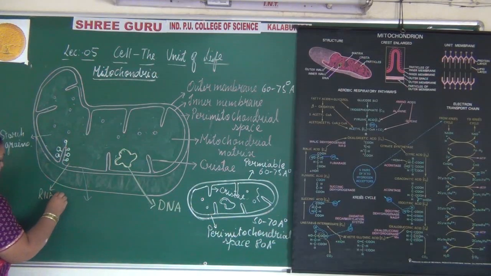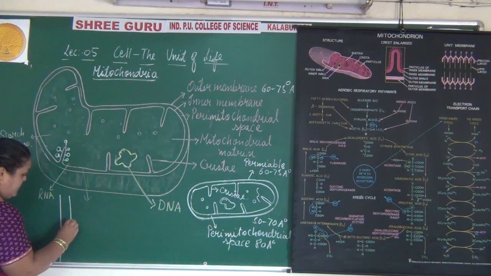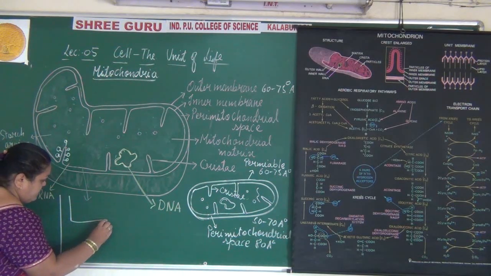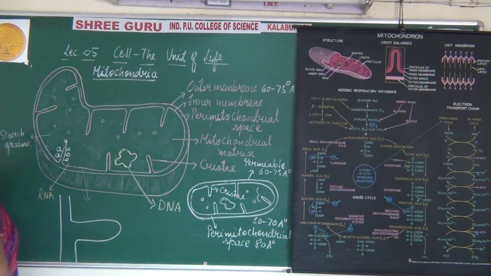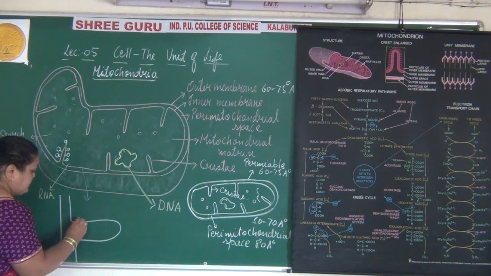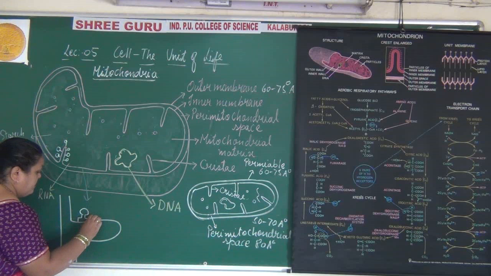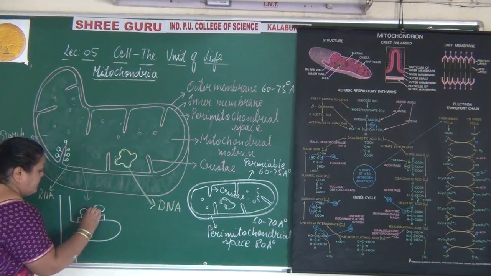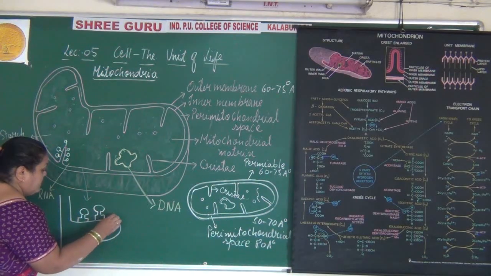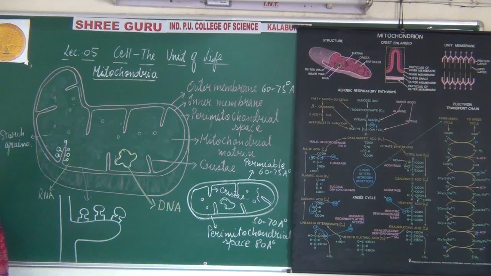Let me expand this diagram. This is the outer membrane, the inner membrane, the cristae, studded with knob-like particles.